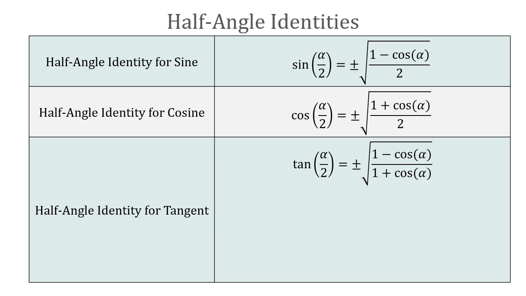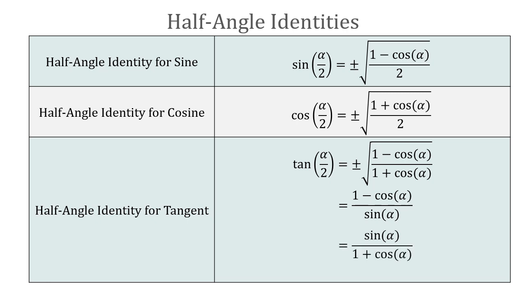Now, you'll notice that there's some space under there because there are some variations of that tangent half-angle identity. If you were to do manipulation of this where you multiply by conjugates, you could rewrite the tangent of some angle alpha over 2 as being equal to 1 minus the cosine of alpha all over the sine of alpha.